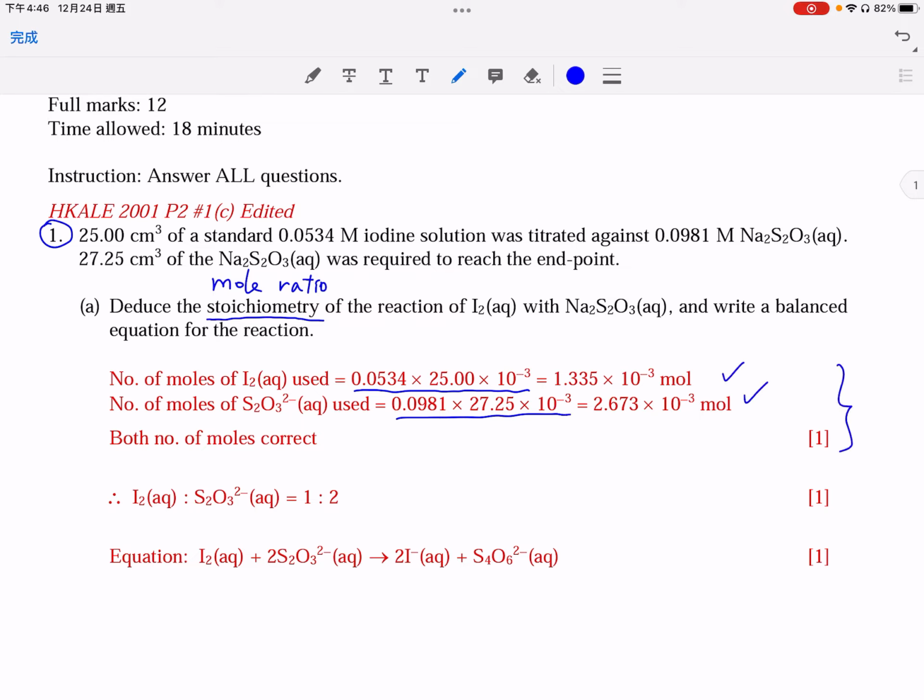Then, based on the two numbers of moles found, you can get the stoichiometry, that is the mole ratio being 1 to 2. Based on this mole ratio, you can go further and write the balanced chemical equation for the reaction between iodine and thiosulfate.